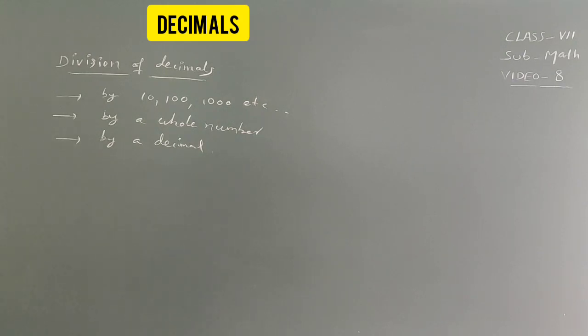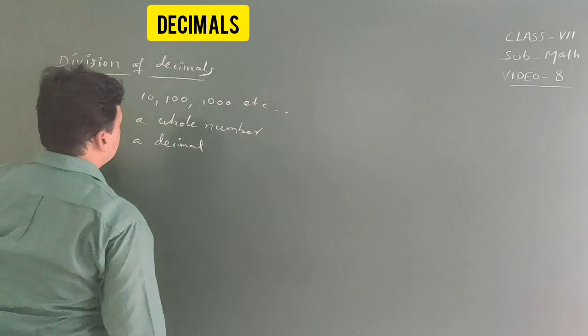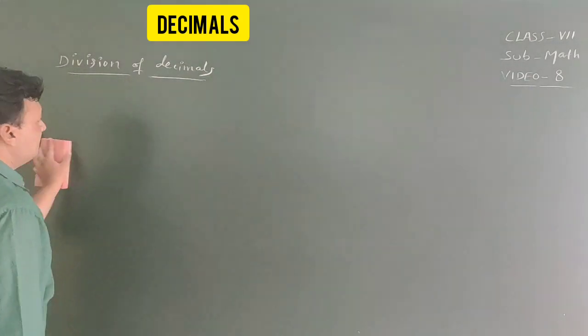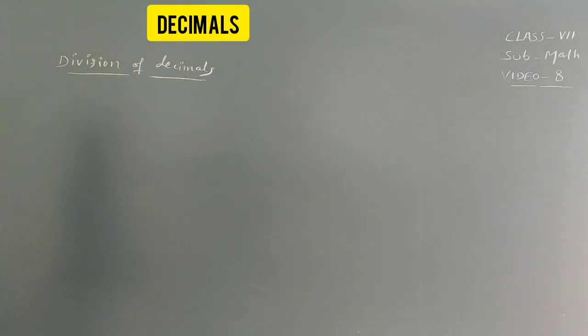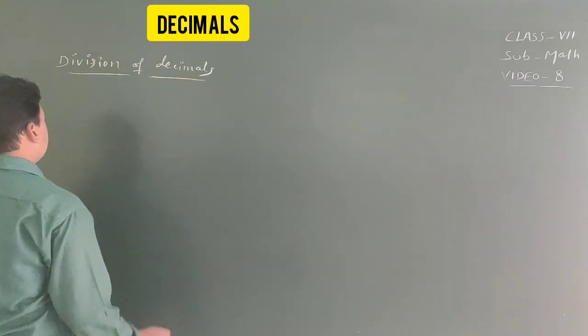Here the process is for the division of decimals. On dividing a decimal by 10, the decimal point is shifted one place to the left. In case of multiplication, the point is shifted to the right. In case of division, the point is shifted to the left.